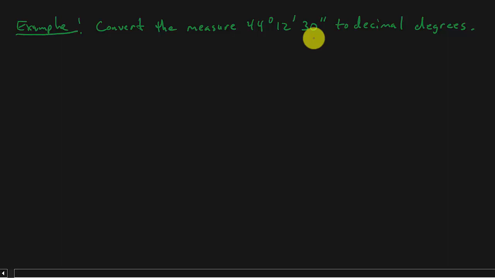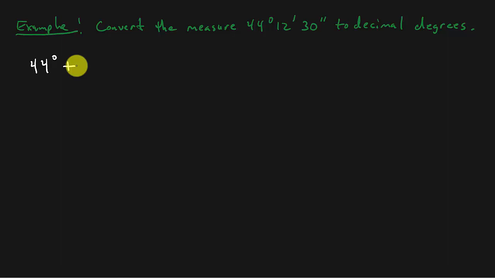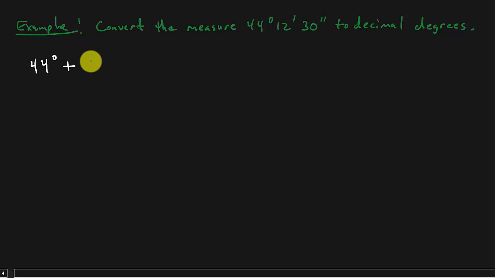So to do that, I've got 44 degrees plus 12 minutes. Now I've got to convert the 12 minutes to degrees. So to convert minutes to degrees, that's going to be 12 over 60, and that is degrees.